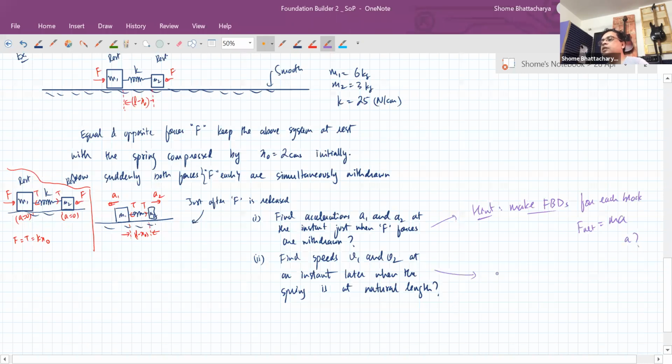But for the second part, as the spring relaxes from the compressed state L minus x naught to natural length L, the blocks are pushed by a variable spring force, variable tension T equal to Kx.